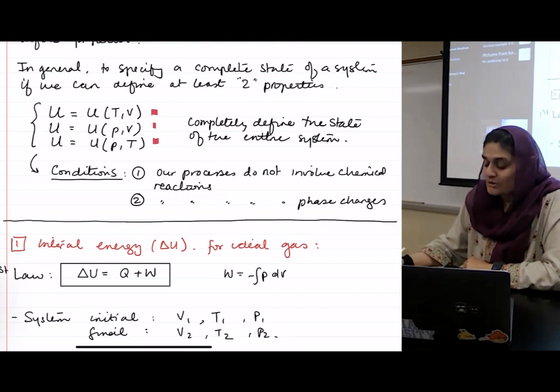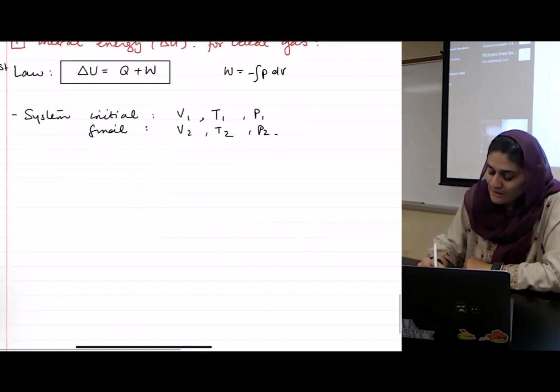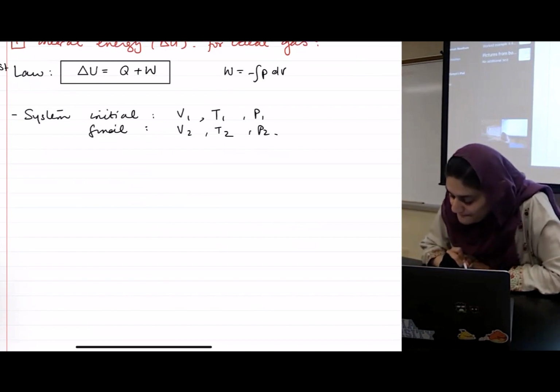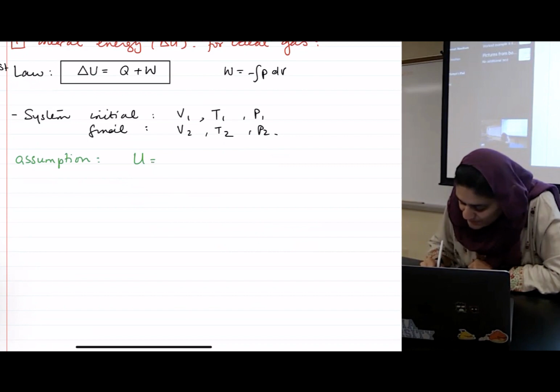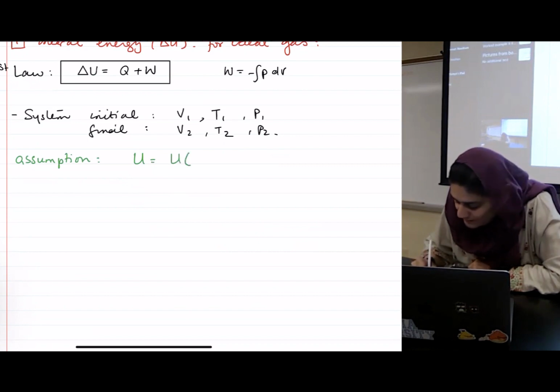I say that in order for me to define my complete state of the system, I am going to assume, pick a color. Green. My assumption is that U is only a function of T and V.